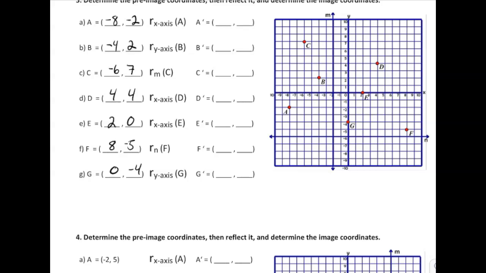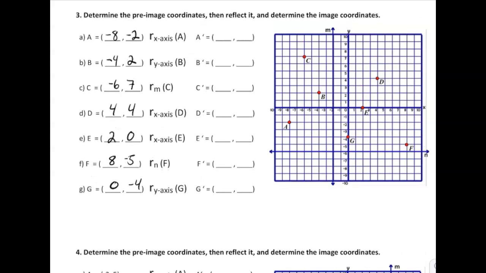So at the top of the next page, number 3, I pre-wrote in where A, B, C, D, E, F, and G were located. And now it's telling me to reflect point A over the x-axis.